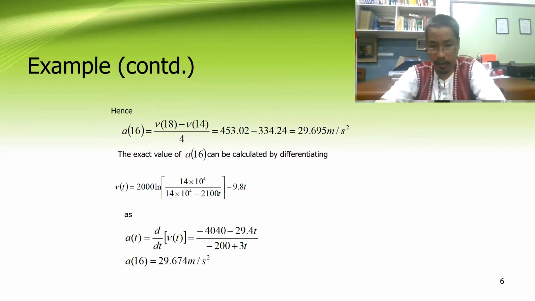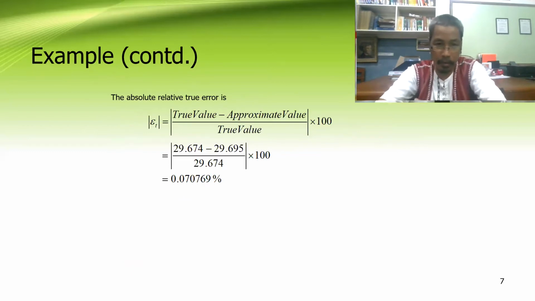You'll notice that this is almost the same, no? With the actual value or the calculus value of acceleration, which is actually 29.674. And because of that, we can calculate the absolute relative true error by evaluating this equation, which is having a numerator of true value minus approximate value divided by true value.